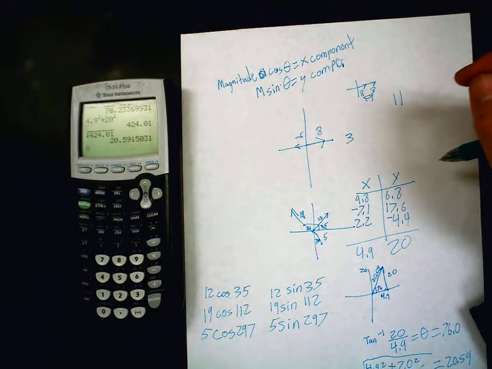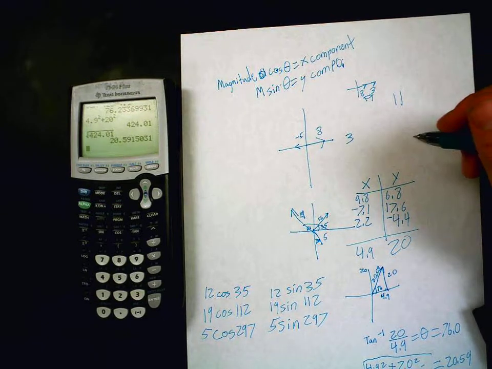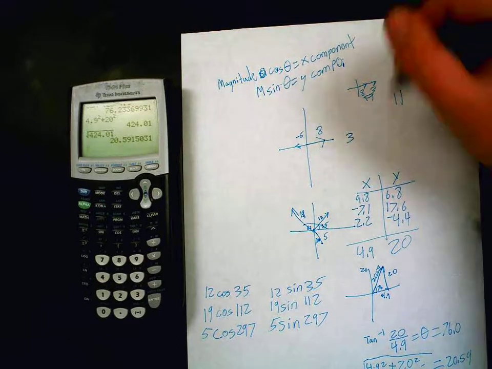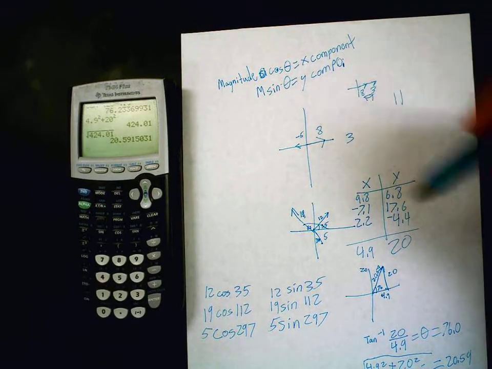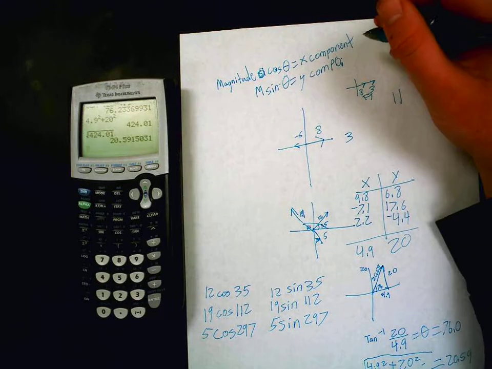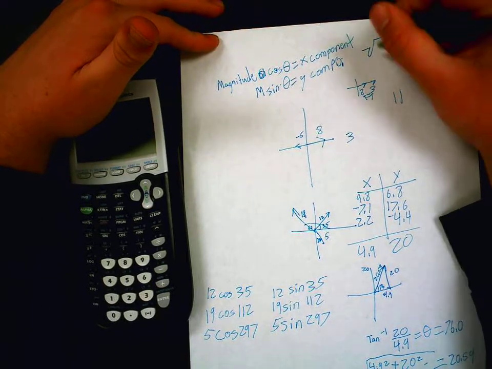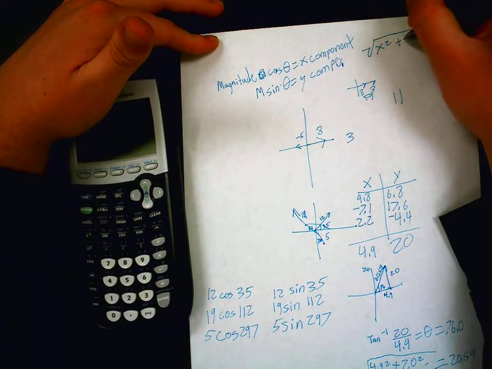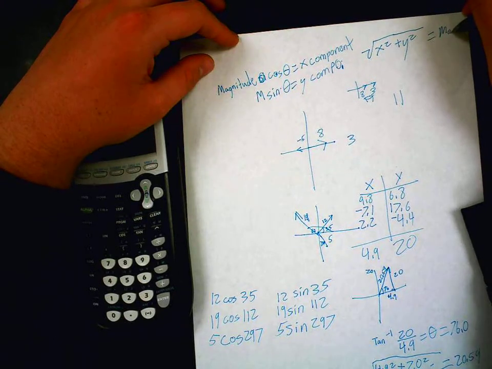I had dreams once. And now what else did we do? You can just add your x and y components to get your resultant, and then to get your magnitude, just do square root of x component squared plus y component squared, and that equals magnitude.